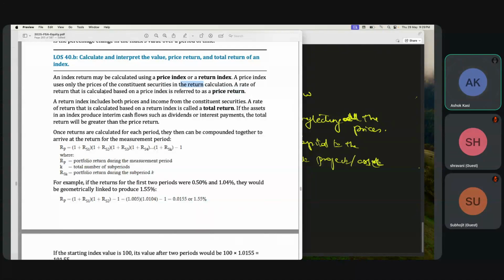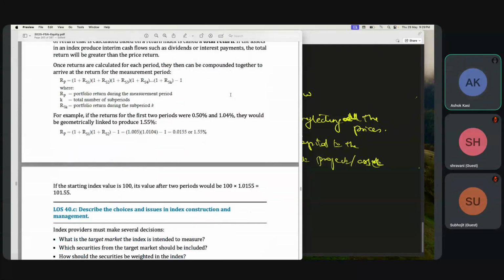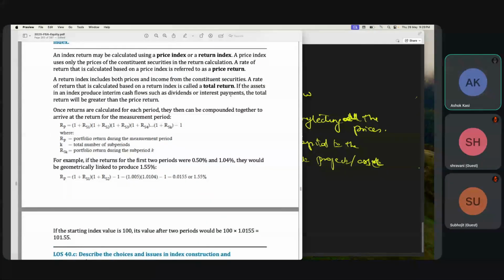A rate of return calculated based on a price index is price return. You will know price return again sometime. If you ignore this part, it is also fine. You will learn this part better only when you get questions from the curriculum. It is easy, but there is no proper sum mentioned here.